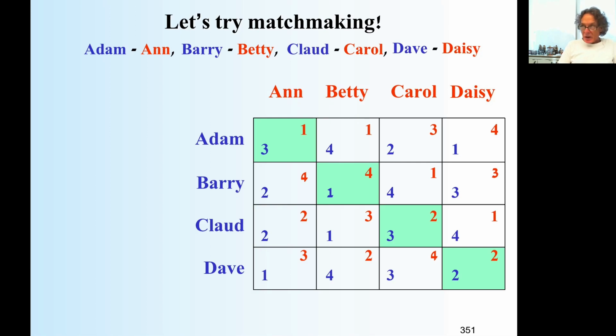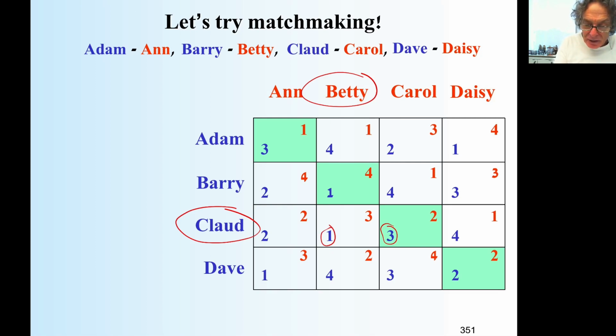Okay, so let me now try to see. It's enough that you have one couple that are not happy with what they got because they found that they can do better. I say Claude and Betty can do better. Why? Claude got number 3 on his list. If he can get Betty, that's great. She is number 1 on his list.